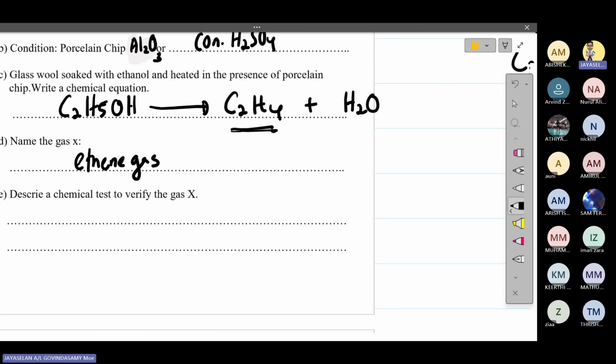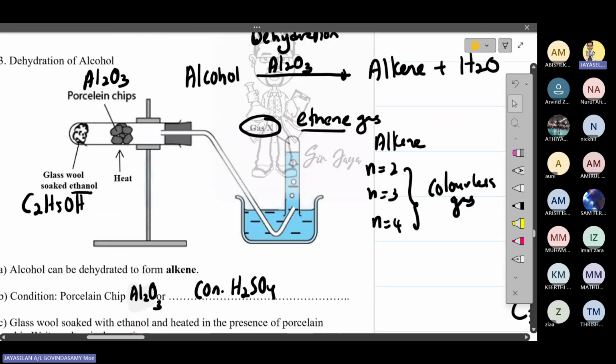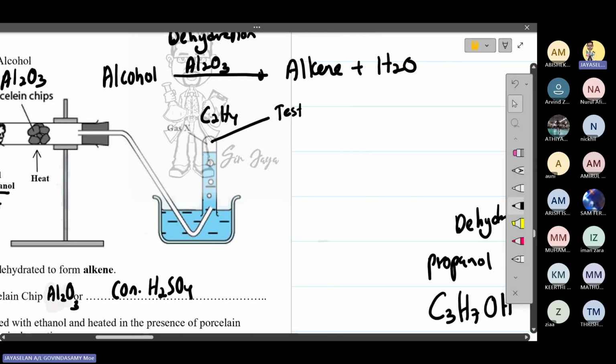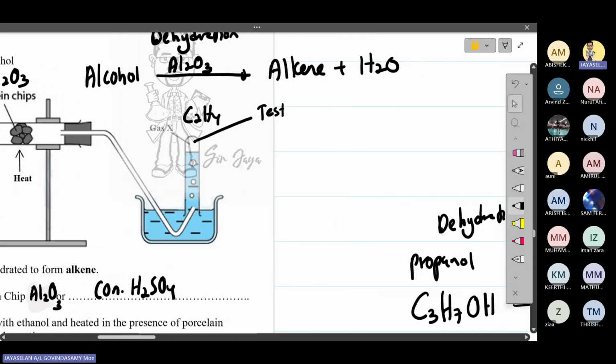Any question? No question? Okay, now one more. You already got the ethene gas, C2H4. They will ask you to describe a test. What is the test to show the presence of gas X? Very simple.